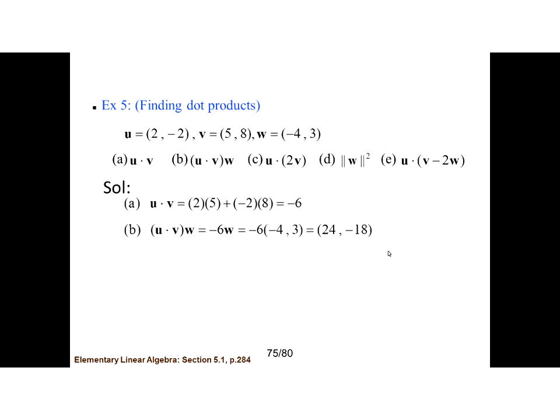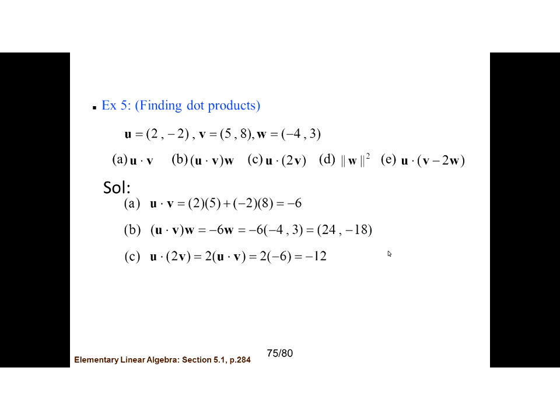First you multiply 2 inside the v, and then take the dot product. So first I multiply 2 into v, so we get 10 and 16, and then you take the dot product.